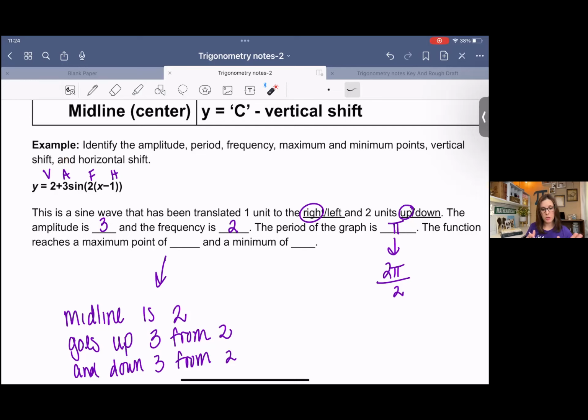So I labeled those, and then I went to work on the rest of the problem. So this is a sine wave that has been translated 1 unit to the right and 2 units up. It's to the right because it's -1. Remember, it's opposite. And 2 units up because that 2 is on the outside of the parentheses.